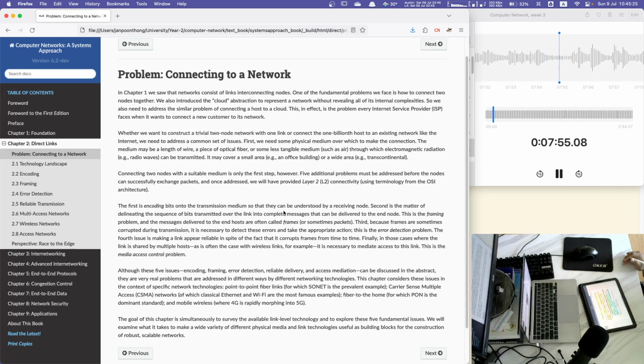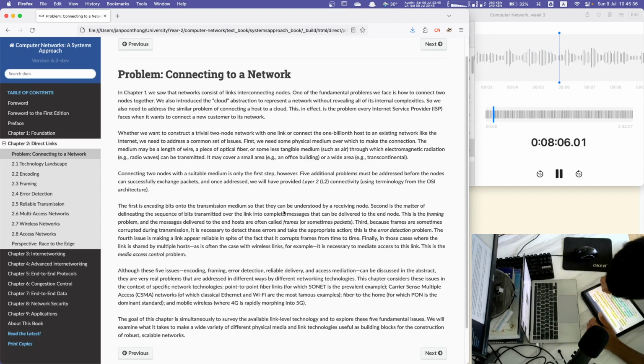Here we can imagine Wi-Fi is also a physical medium. Why? Because it uses air. Anyway, we need a physical medium to connect computers to make a network.